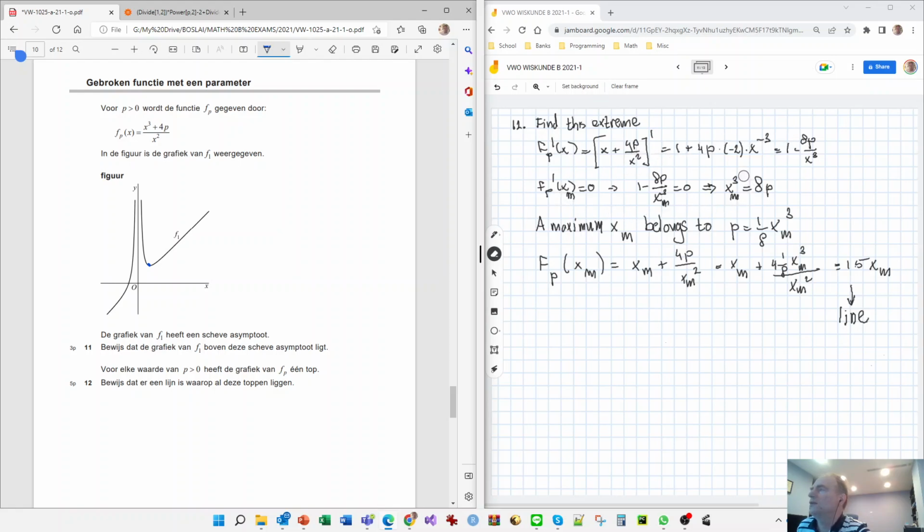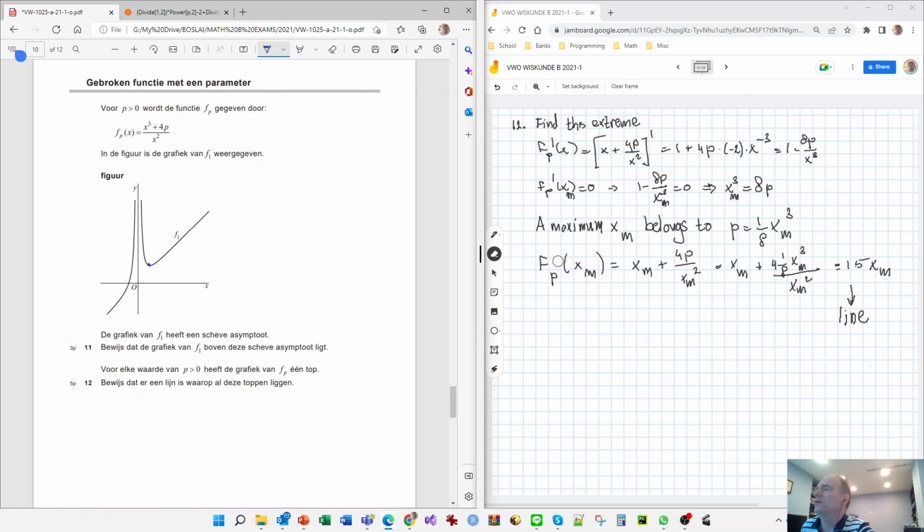And setting it to 0 will tell you that the extreme is at x satisfying this relation. So if p equals 1, it would be at x equal to 2.